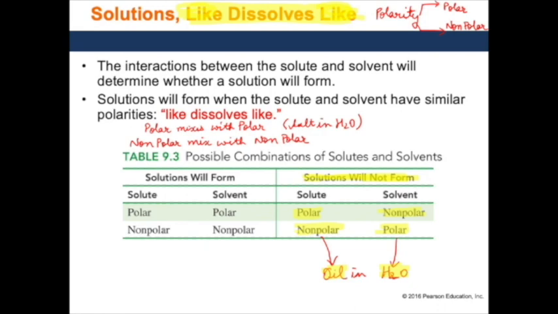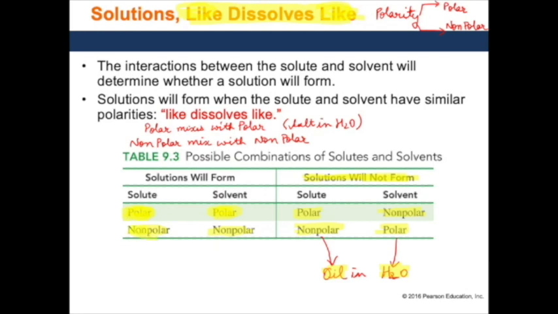But if you mix a polar solute with a polar solvent, or a non-polar solute with a non-polar solvent, they will mix. For instance, a salt solution: salt is a polar molecule, which is our solute. The solvent is water, which is also a polar molecule. So polar and polar will make a solution.